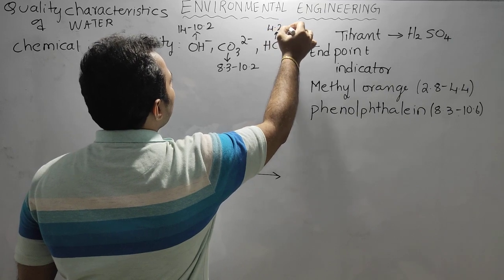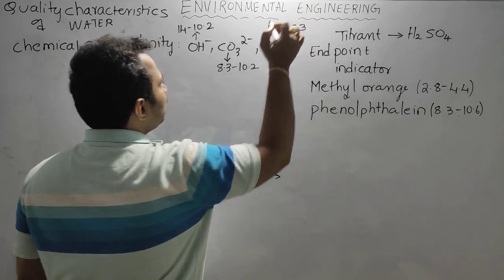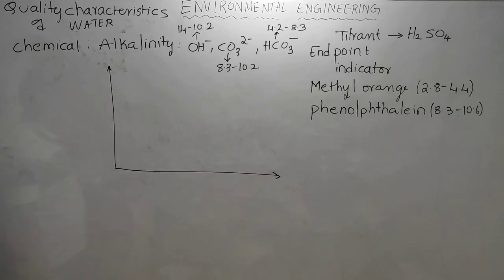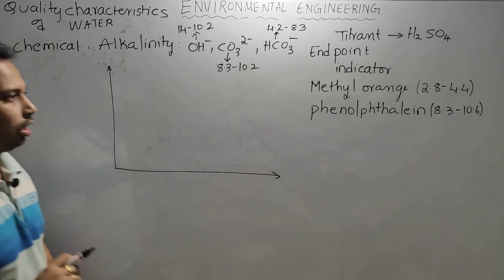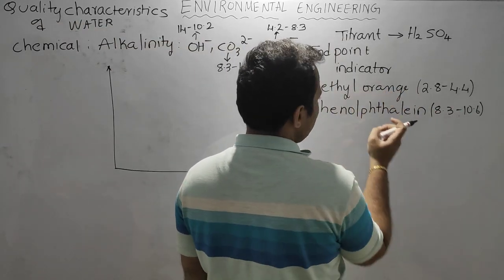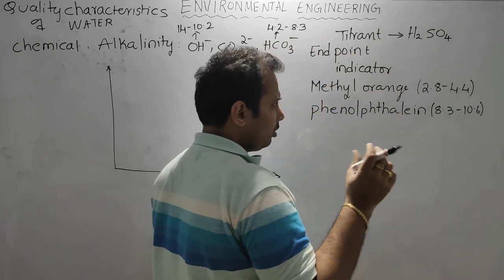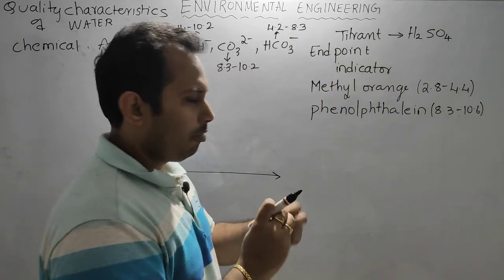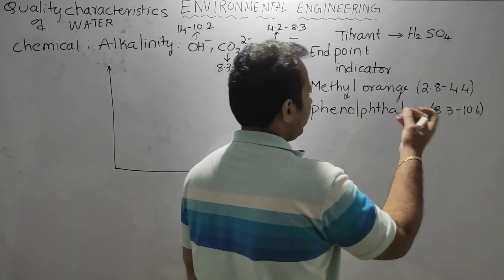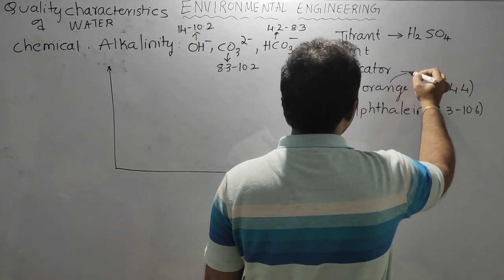See here, these indicators, as I already told you, turn from one color into another color. The color of the methyl orange is orange, red or pink; it has different shades. That is the basic color.